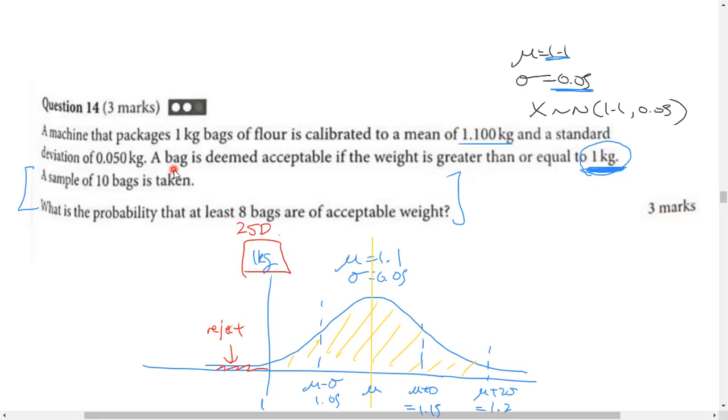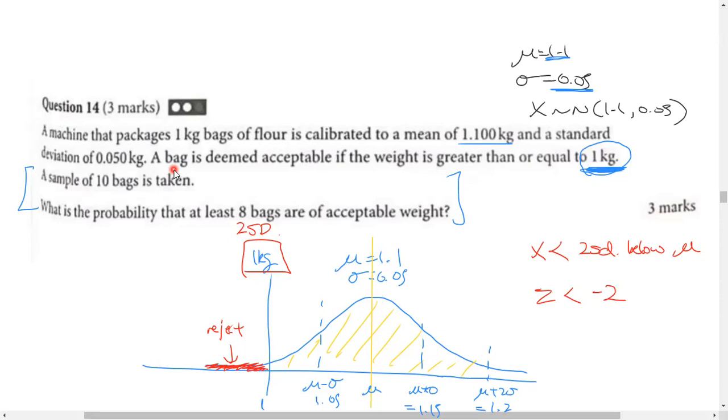And the only ones that are going to be rejected is when your X is less than 2 standard deviations below your mu, which really means z being less than -2 in terms of a z-score.